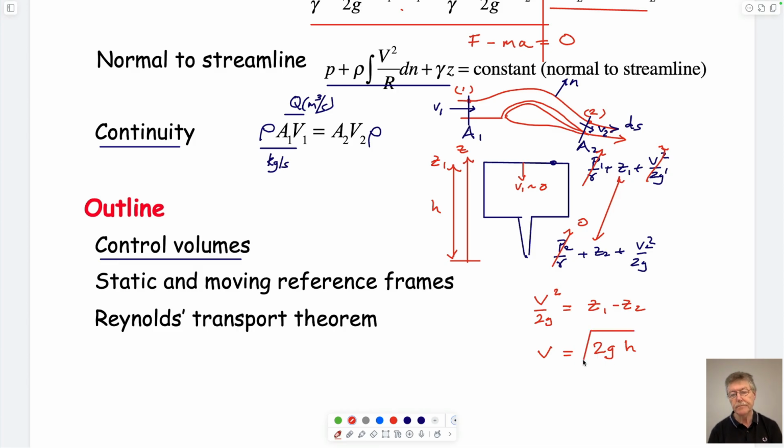That's the standard equation for a free jet. It will always come out of the tank with this magnitude. If you write it down here and your height is H2, then V2 is the square root of 2gH2, and for H3, V3 is the square root of 2gH3.